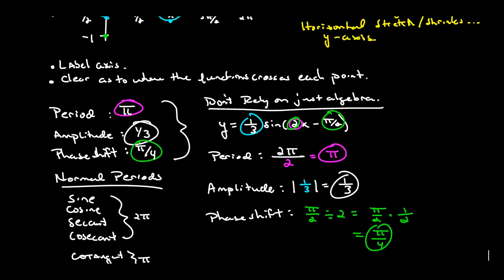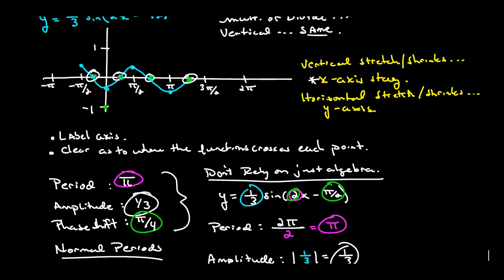You'll have to do all of that without a calculator. I would expect you to be able to find the period, the amplitude, and the phase shift just from looking at the graph. So there might be a case where I don't give you the equation, I just give you the graph, and I expect you to find these. Now the phase shift's the hard one because you have to know where you originally started, so I'd have to give you a series of graphs just like we had here.